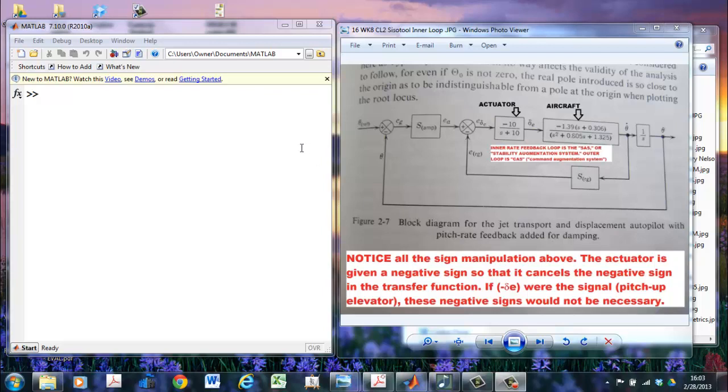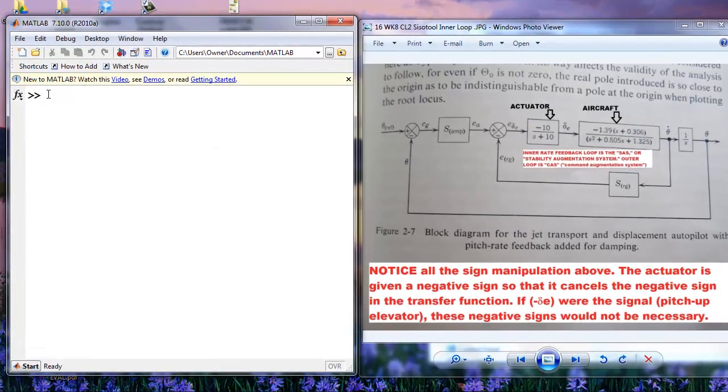So here's the Blakelock jet SAS system, the stability augmentation inner loop, and the outer loop CAS, command augmentation system, which would be the autopilot. So we should start with the actuator, and that's just 10 over S plus 10.